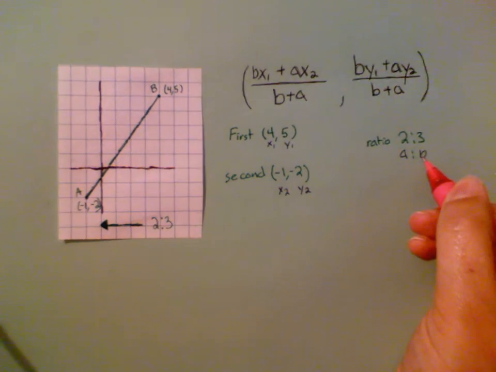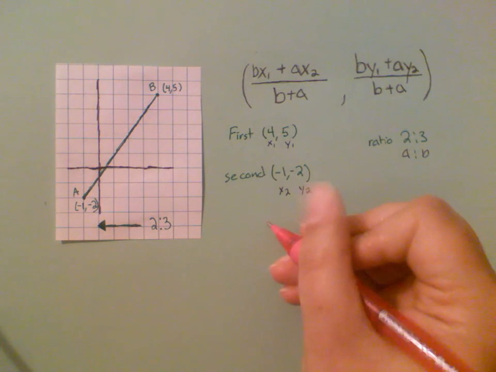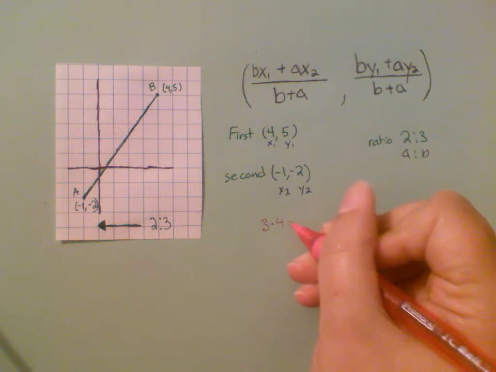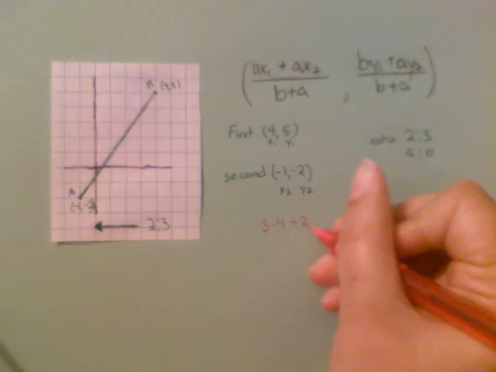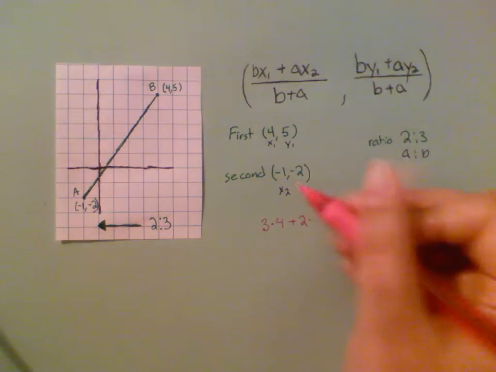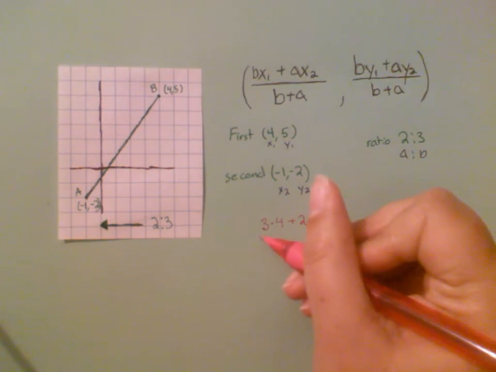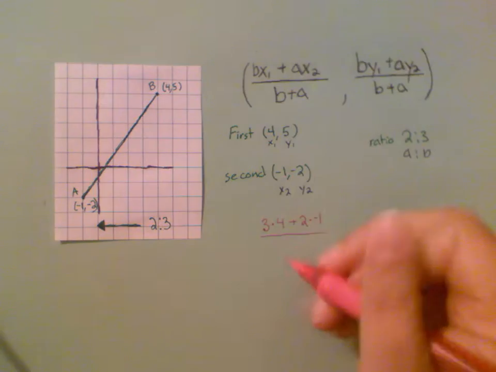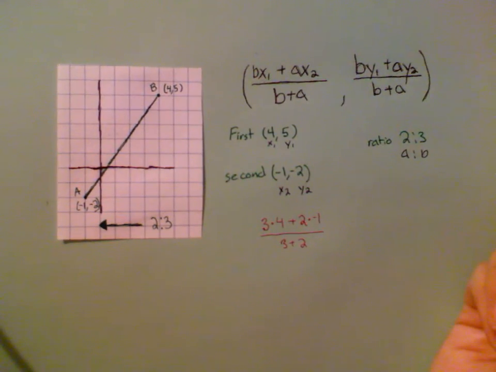So the substitution step starts with b times x sub 1. So that'll be 3 times 4 plus 2 for your a times x sub 2, negative 1, over b plus a, 3 plus 2. Okay.